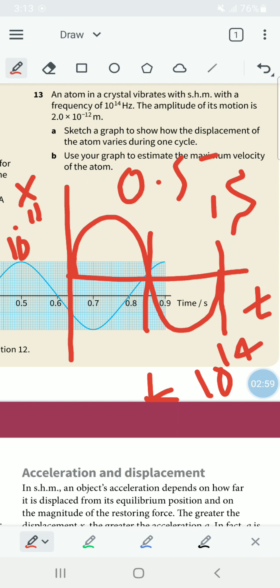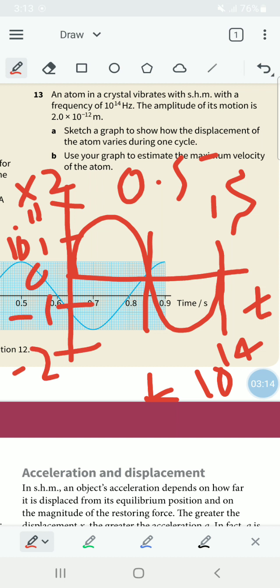Then to fill up the left hand side, it is 0, and 2 into 10 to the power minus 12. So you take this point as 2, this is 1, then this is minus 1, and this is minus 2. So these are the connecting points.